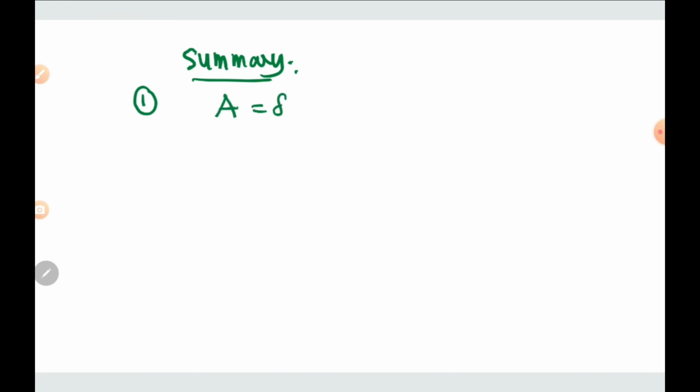Okay, now I want to share with you the summary on how to solve the optimization problems. So the first step you need to do here, for our previous example, is to find out what is the area in terms of the function x. Area is the subject here because we want to find out the maximum area.